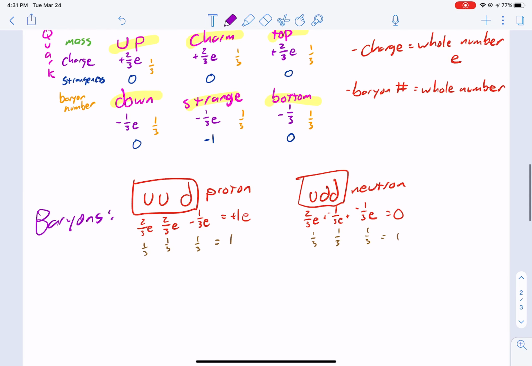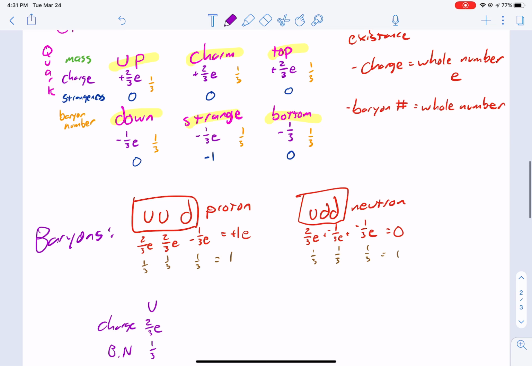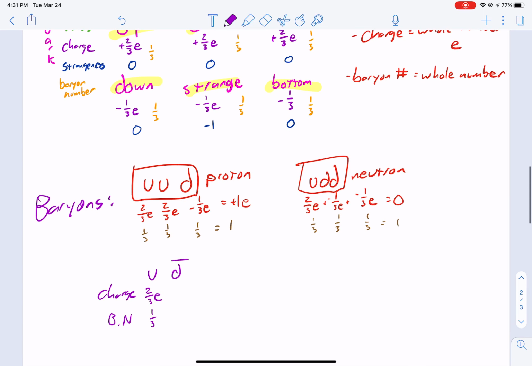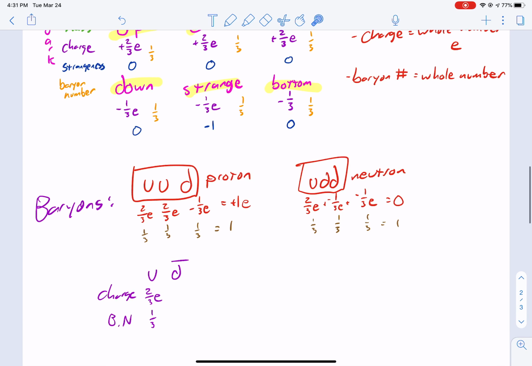So for example, we could take an up. Now an up is 2/3 E and 1/3 baryon number. And we could take a, I don't know, let's just throw in an anti-down. If I took an anti-down, the charge is, let's see, we got 1/3, but it's an anti, so it's opposite.